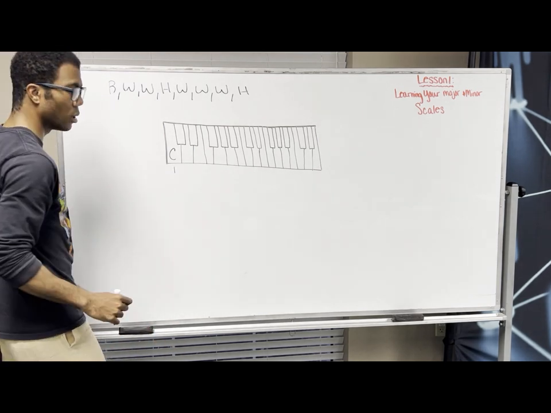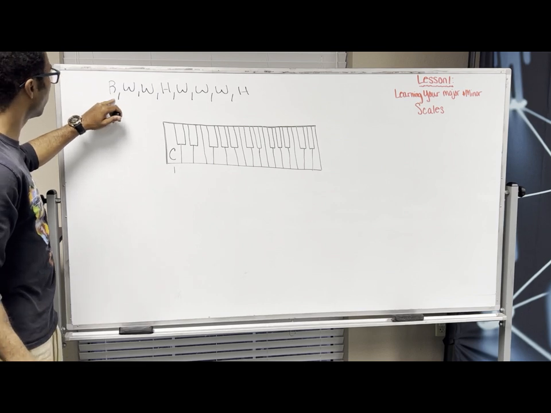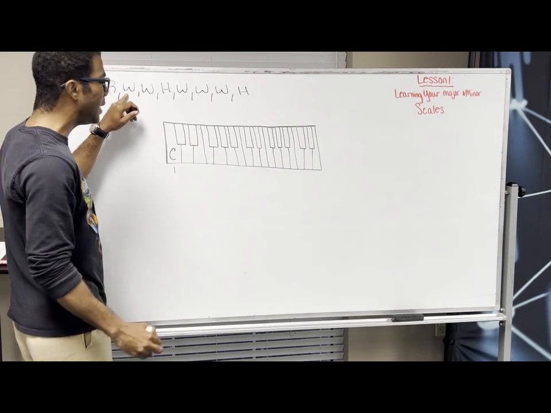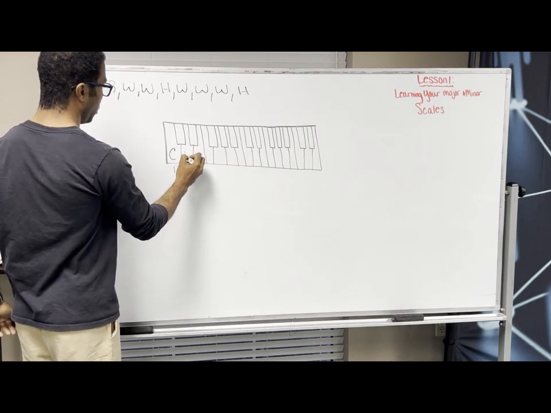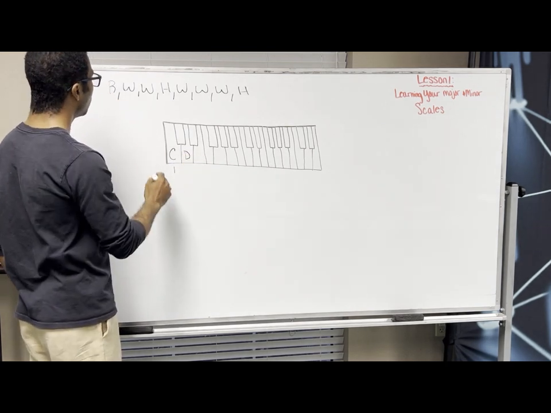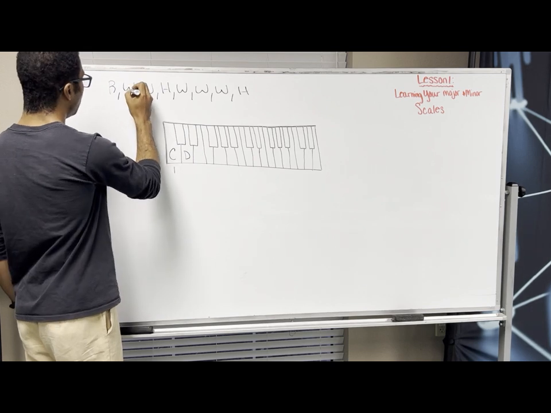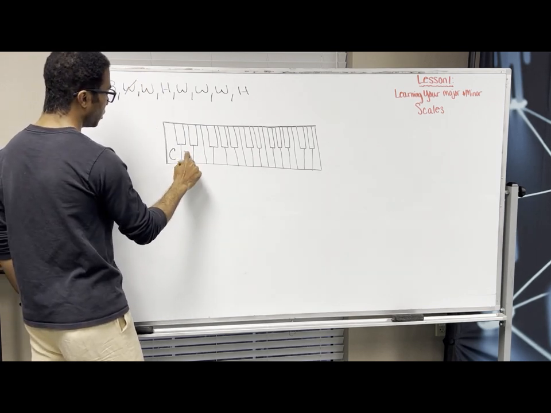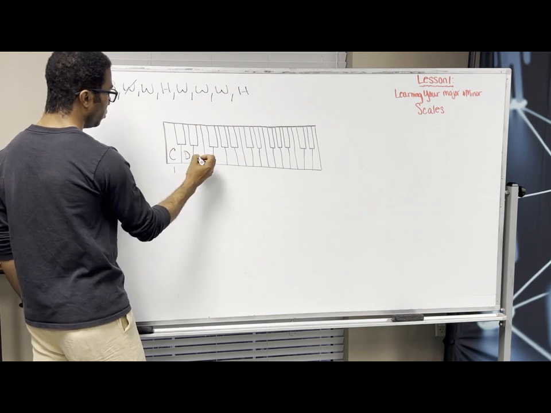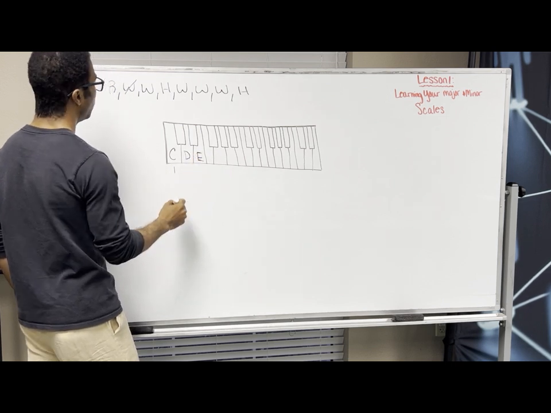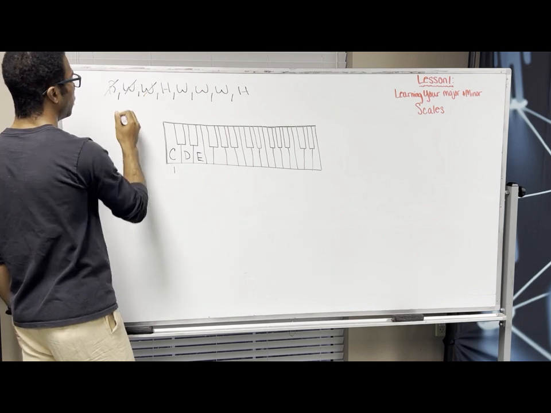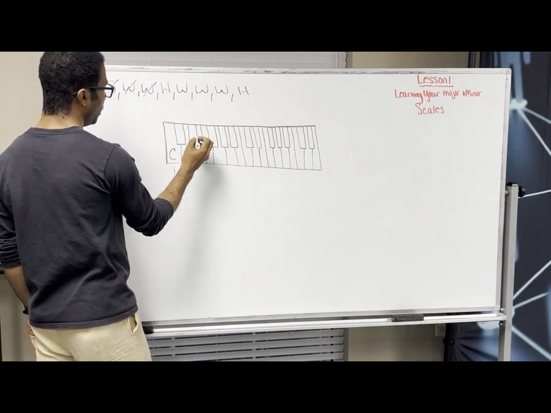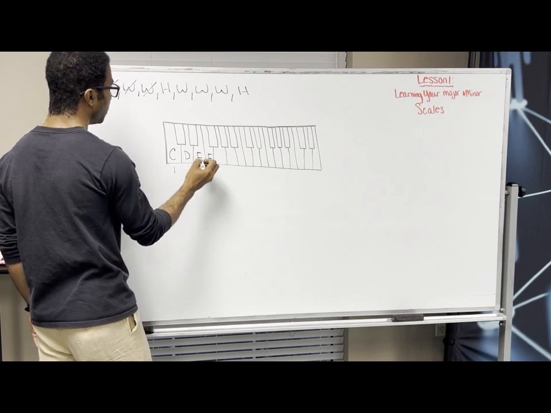Starting from our root C, a whole step would be D. So this is the second note of the scale. That is our second whole step. The third whole step is another whole step, which would be E. Then a half step from E to F is our first half step.